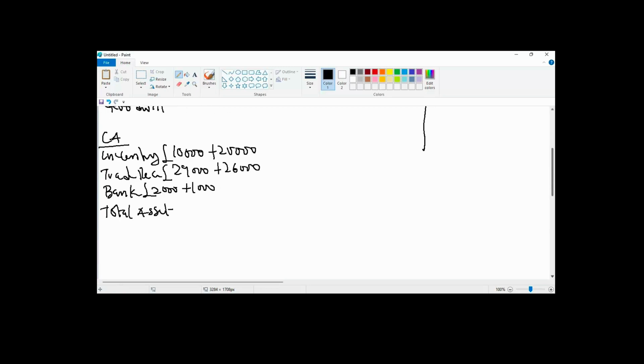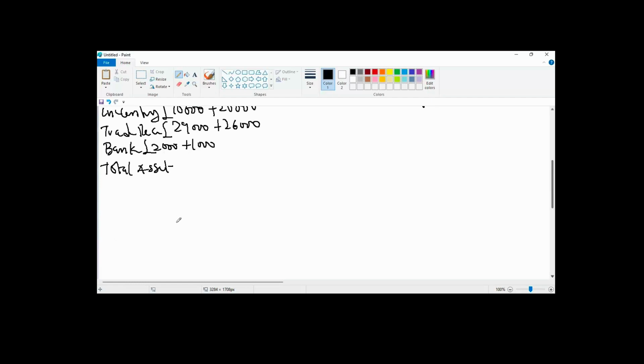Go to equity and liability. Share capital. Share premium.